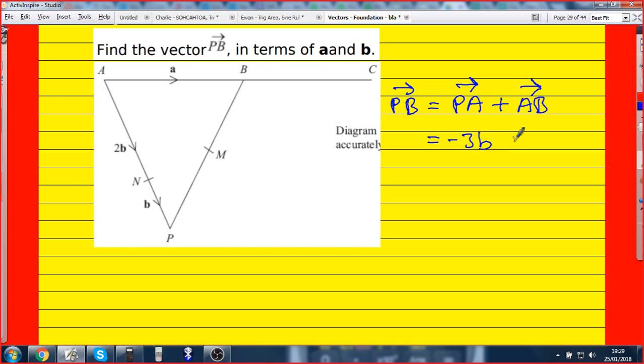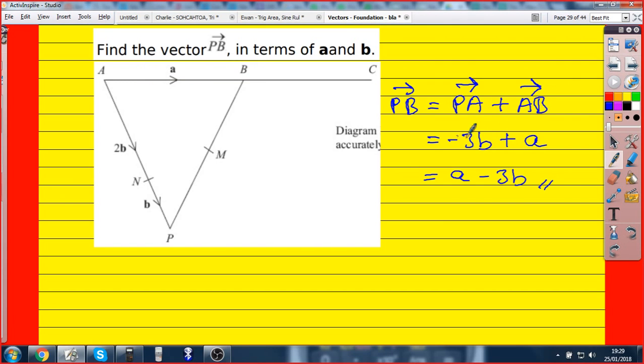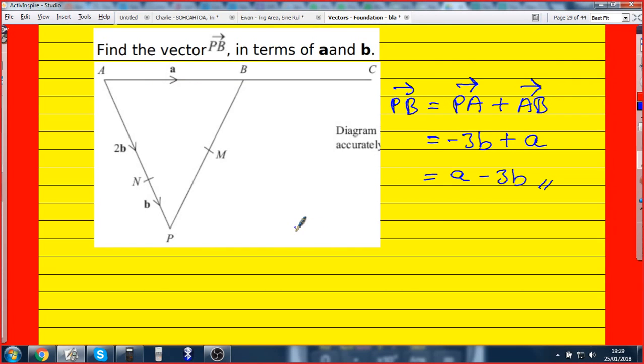Then A, plus or minus? Plus. So then it's A minus 3B. Any questions there? No. Do the N and the M not mean anything? They do for a different part of the question.